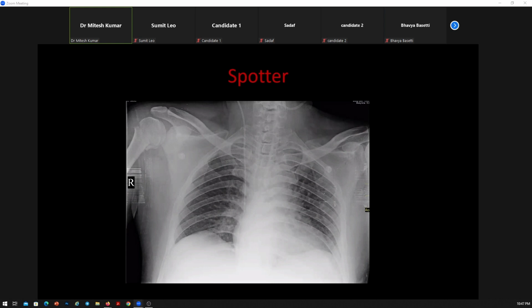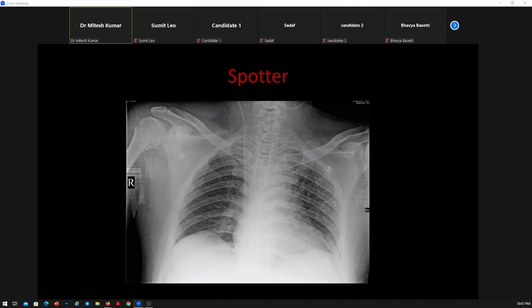So, participants, please type in your answers, whatever you see in this particular RAPID. So, Dr. Mitesh, the common answer that we are getting in the chat is right proximal humerus fracture, humeral head fracture.